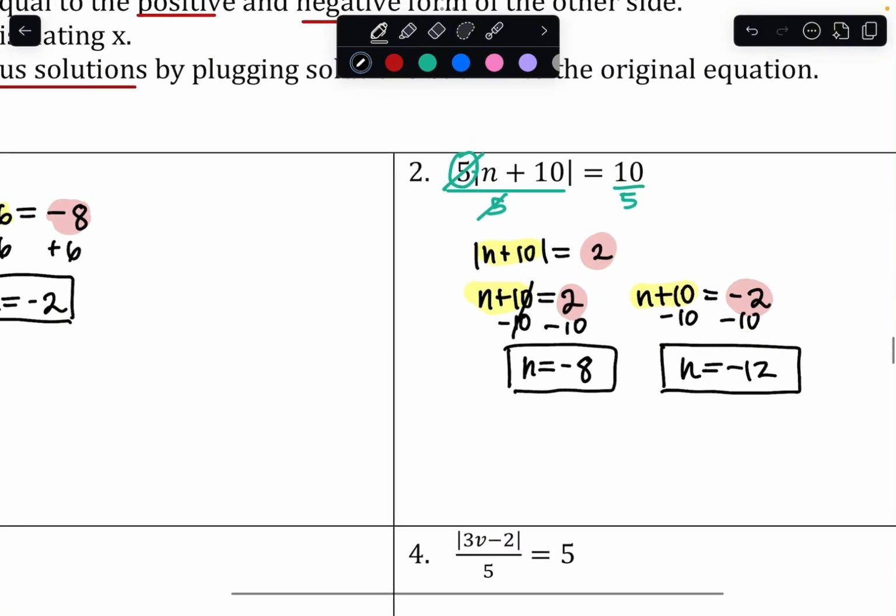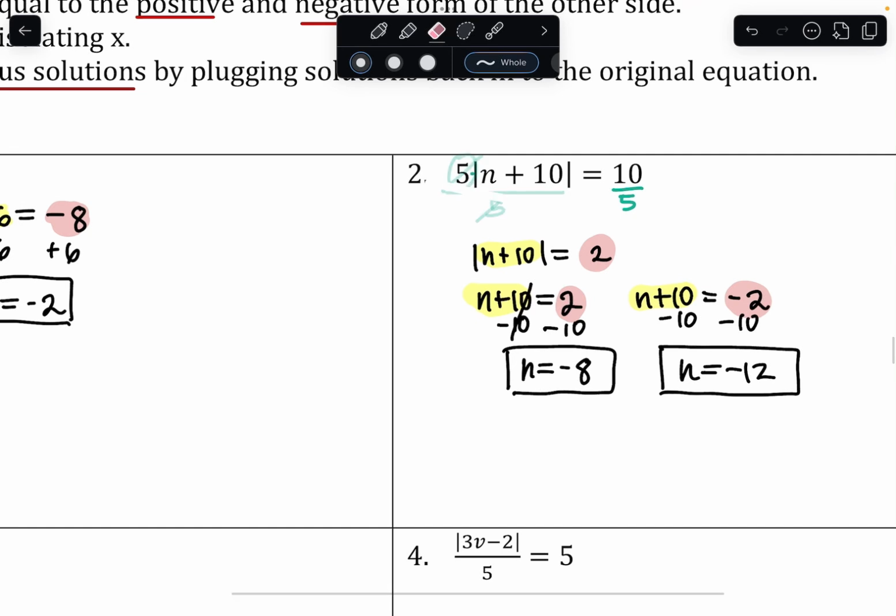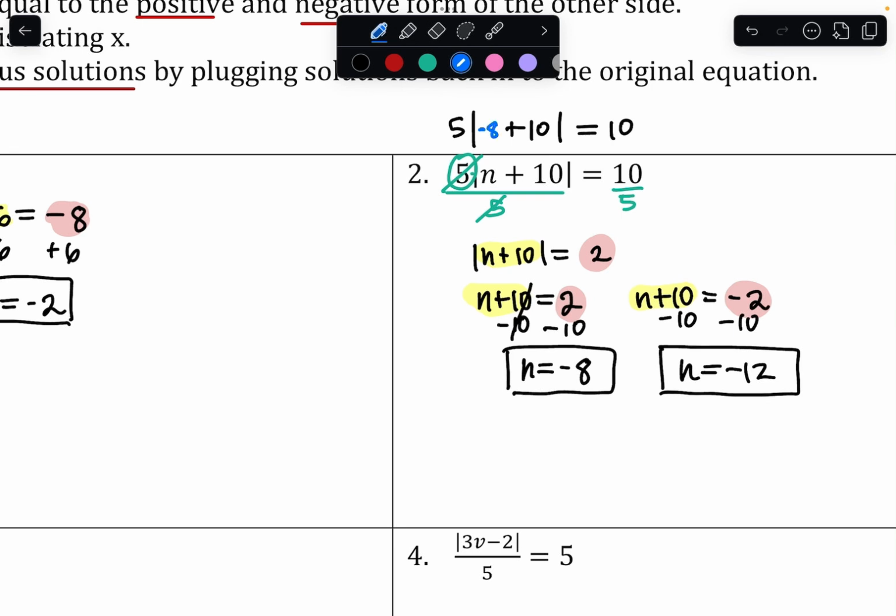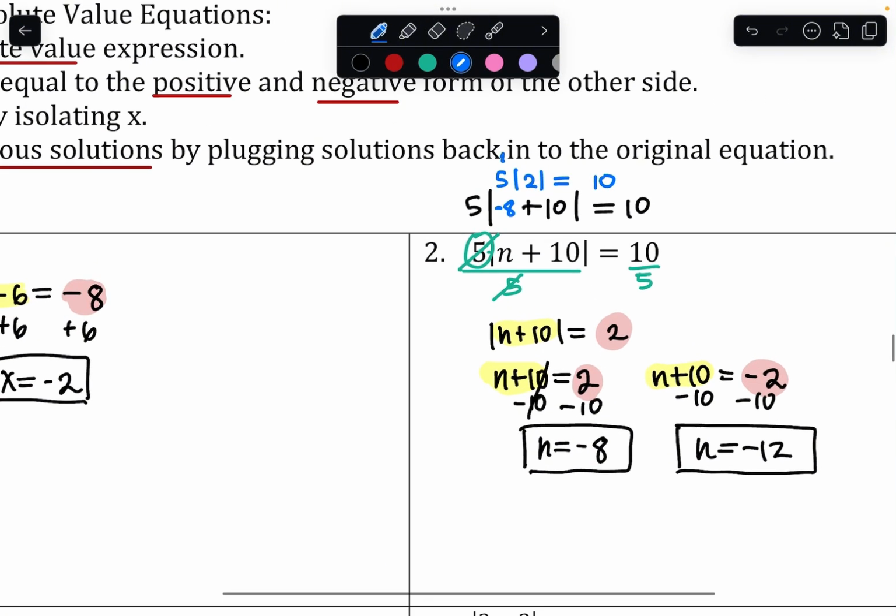And so if we check those back into the original equation, we get, just rewriting the equation here. If I plug in the negative 8, negative 8 plus 10 is 2 inside the bars, times 5 is going to be 5 times 2, which is 10.